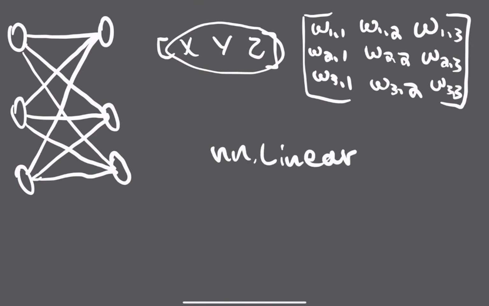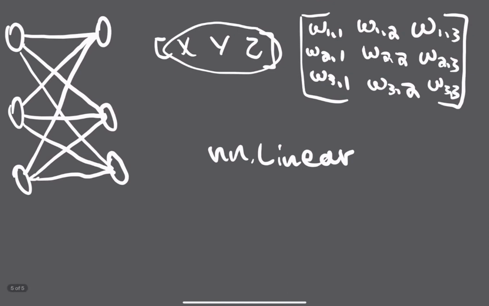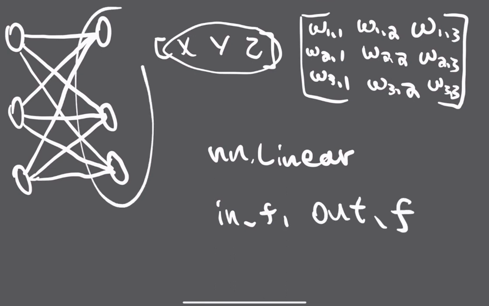The only thing we have to pass into the constructor of this class when we're making an instance of it is 2 things. Essentially, we just need to specify the dimensions of this matrix, and this class takes in something called in features. We can just call this inf for in features, and it takes in something called out features. So the input features for a given linear layer like this is just the number of features in the previous layer, right?